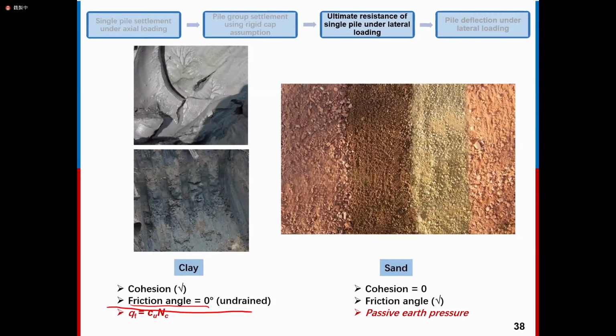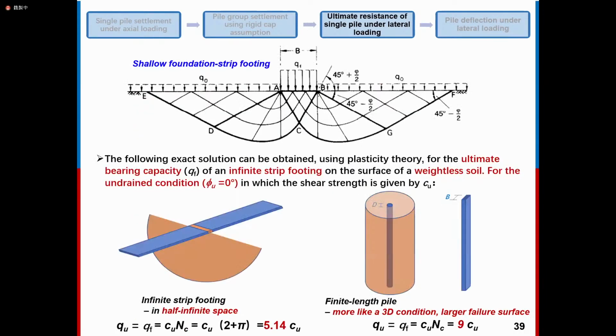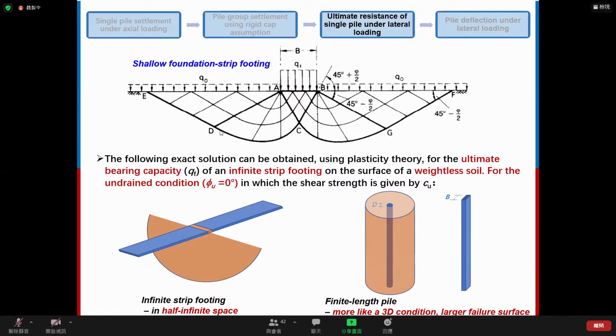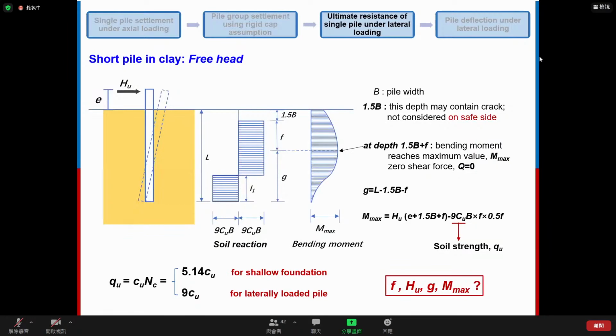Let's see which conditions use different assumptions. I keep this slide here to help you understand why we have different factors for calculating the bearing capacity, the failure stress of the soil.